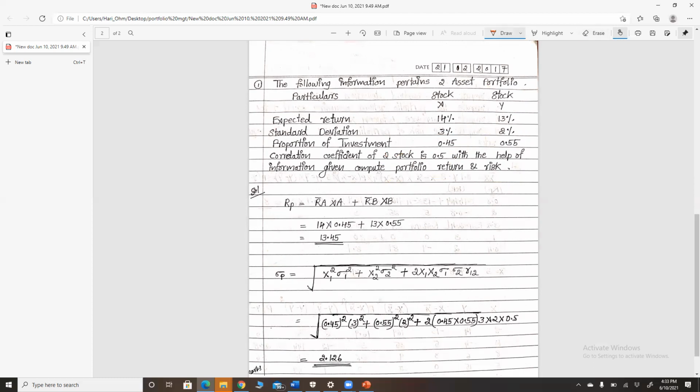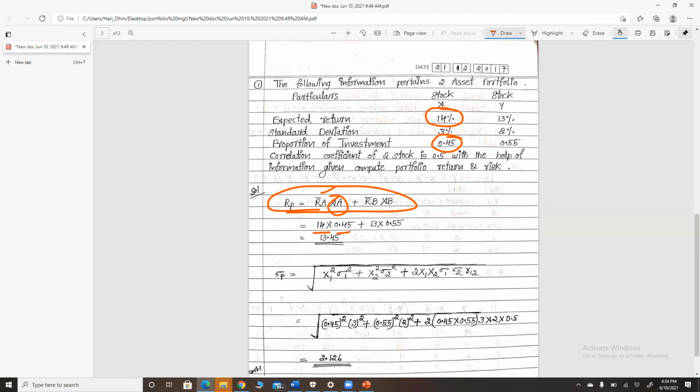Okay, first you need to calculate RP, that is portfolio return. Formula is R bar A into XA plus R bar B into XB. What is R bar A? R bar A is the first security's expected return, that is stock X expected return. XA is the first security, stock X proportion, that is 0.45. 14 into 0.45.